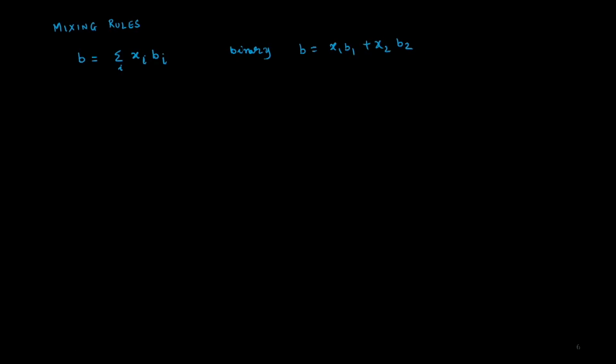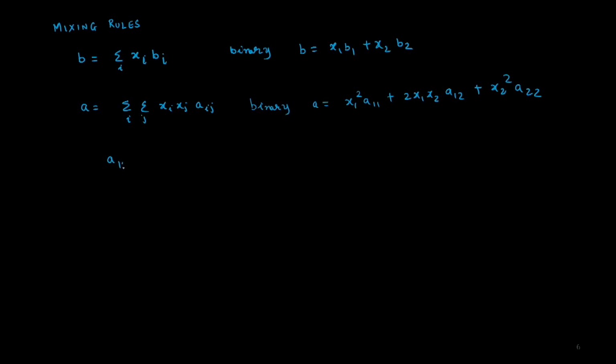Similarly, for the parameter A, we use a quadratic mixing rule, sum over i and j of xi xj aij, and for a binary this reduces to x1 squared a11 plus 2 x1 x2 a12 plus x2 squared a22.